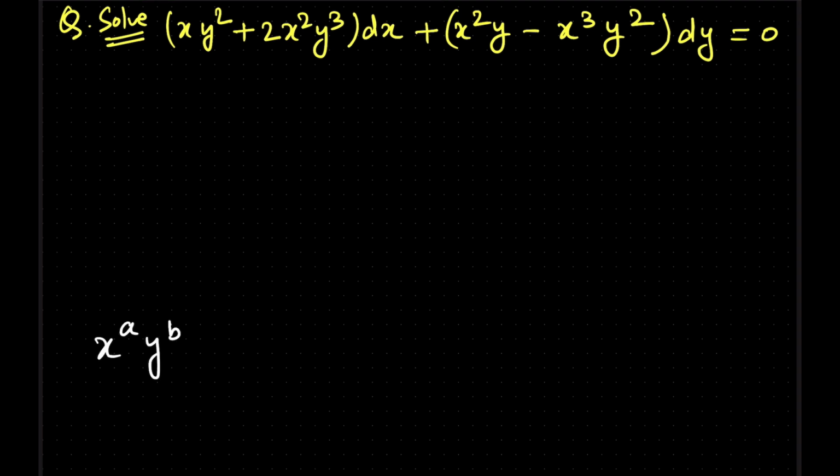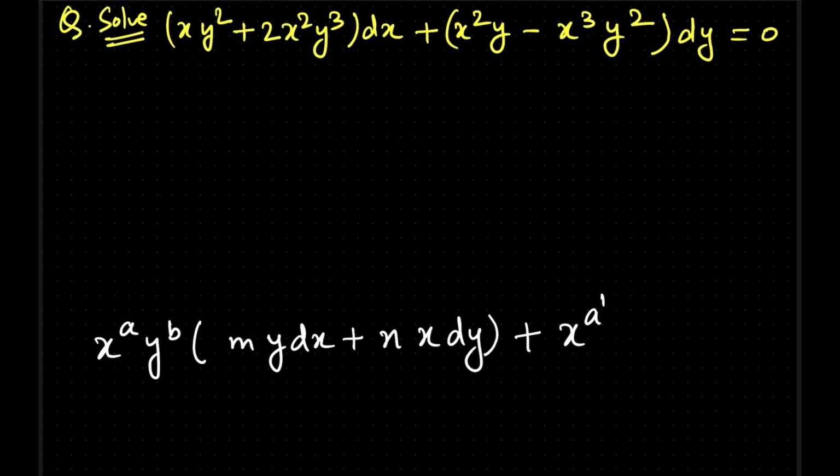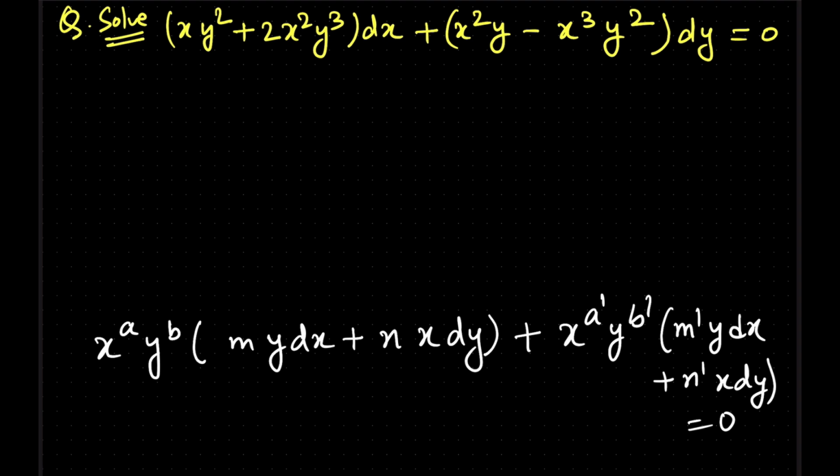So our general form is x to the power of a, y to the power of b, then (m y dx plus n x dy). Then the second term is x to the a dash, y to the b dash, then (m dash y dx plus n dash x dy) equal to 0.